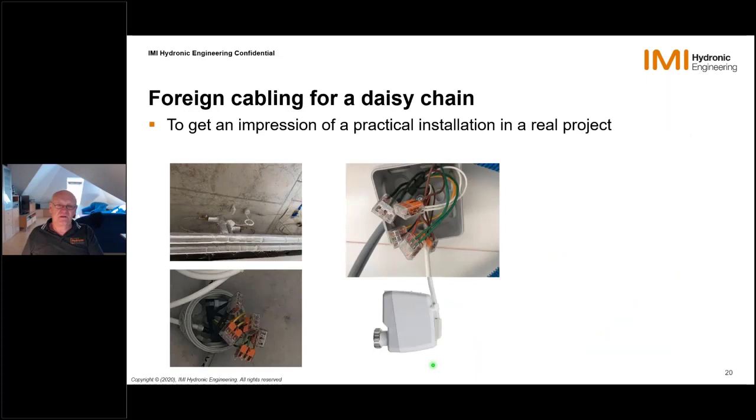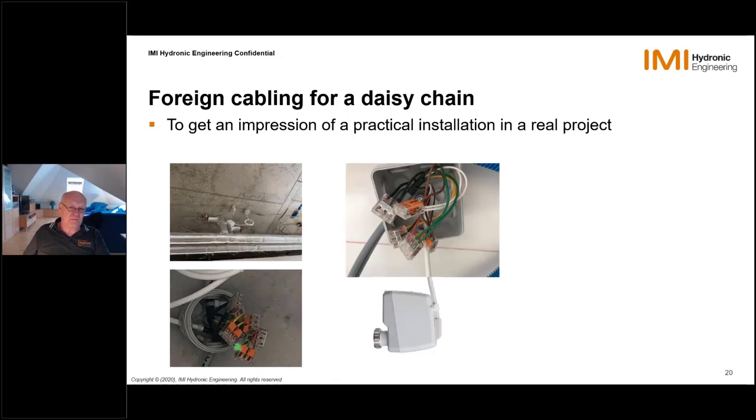And so that you get an overview of a practical installation: here you see, the picture is a little bit small, they have installed the bus cable really freely, and here is a connection box, and then you see the actuator, and the cable is wound around and directly connected to the actuator.